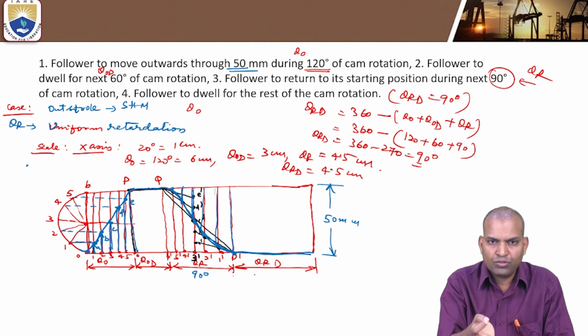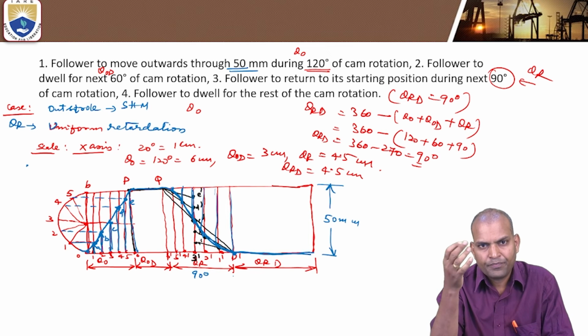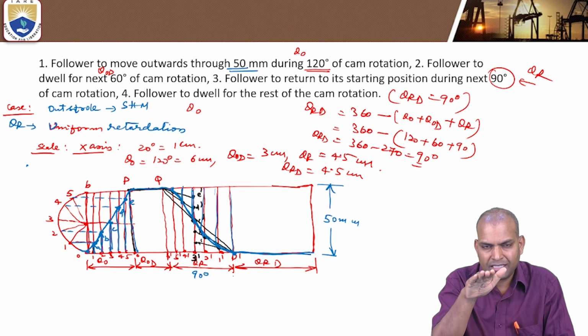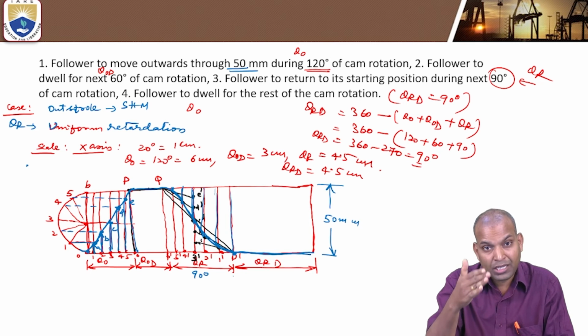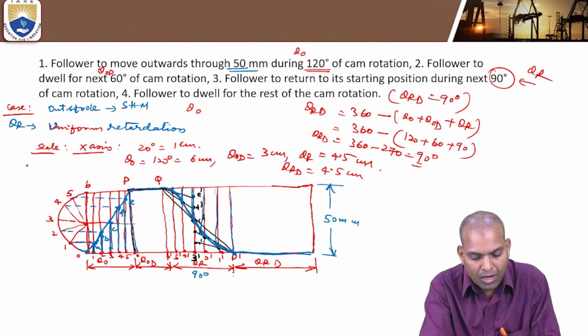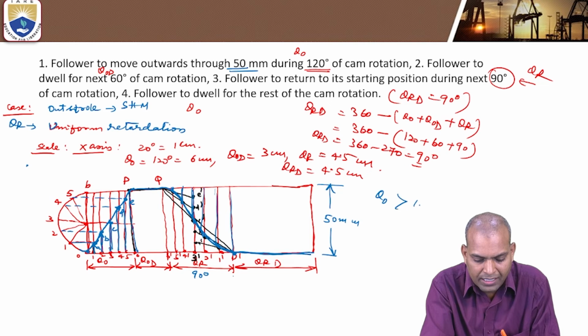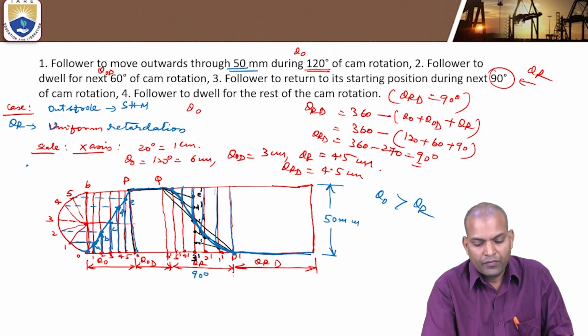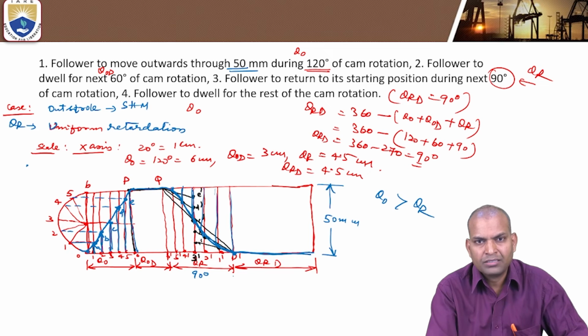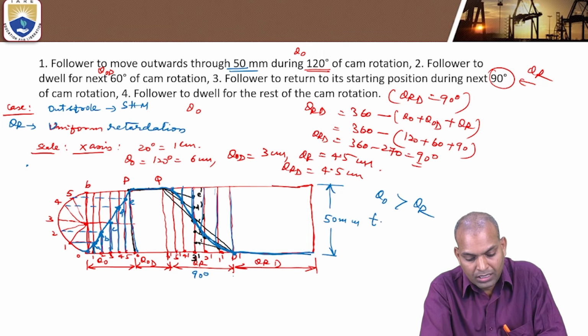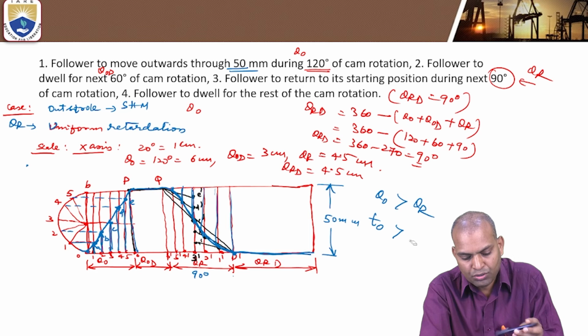From 0 degrees to 120, it is rising. For 60 degrees, it remains the same. That is 180 degrees. Next 90 degrees it is coming down. So, the outstroke angle is greater than the return stroke angle. When the outstroke angle is greater than the return stroke, the time of outstroke is more than the time of return stroke.